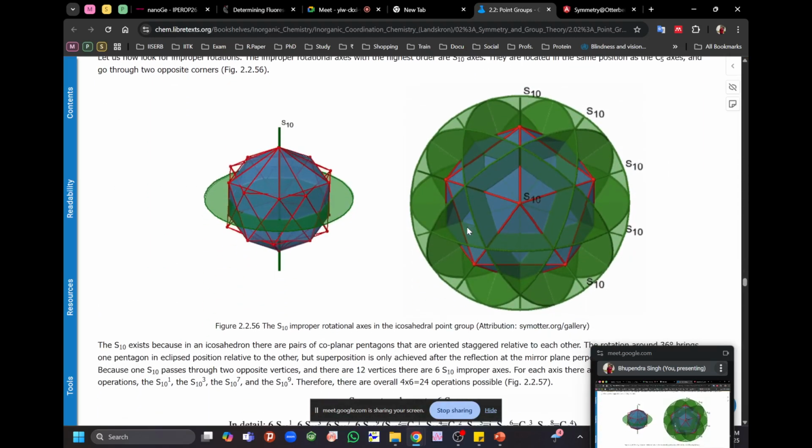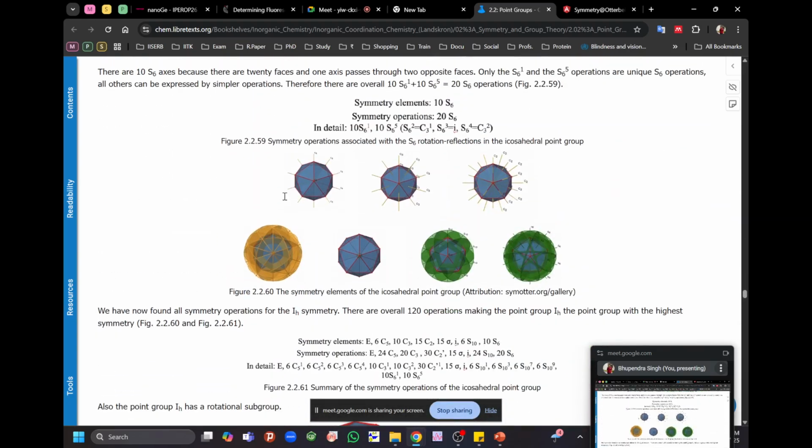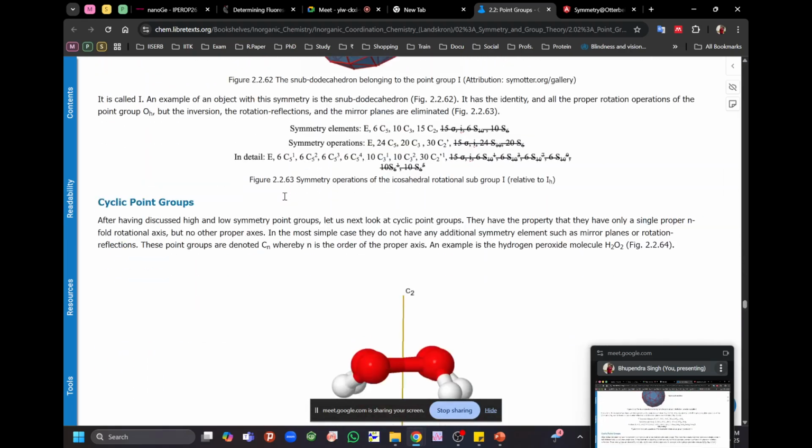Anyway, moving on to this S10, you can easily imagine, just the animation is also here. See, this is the rotation, then the reflection. So 6 S10 is present here. These are the cyclic molecules.